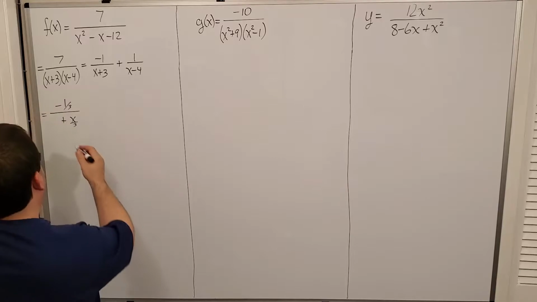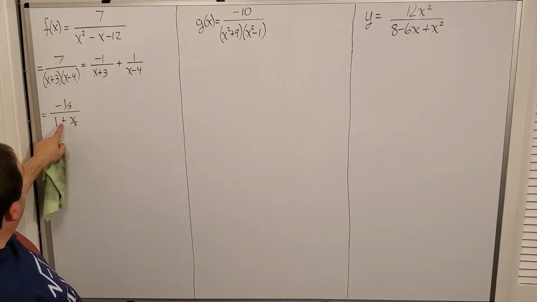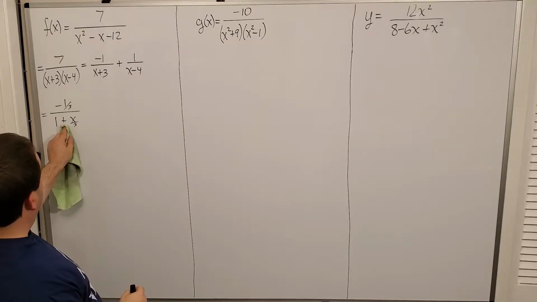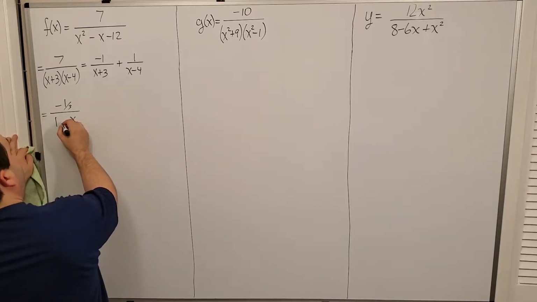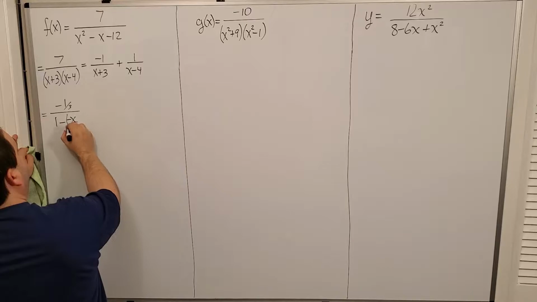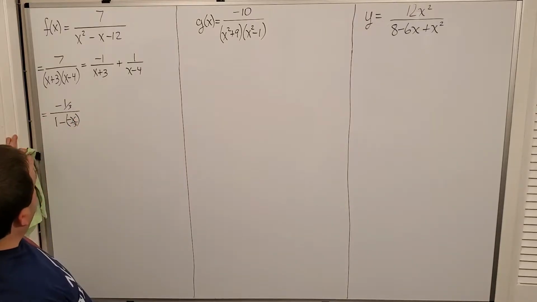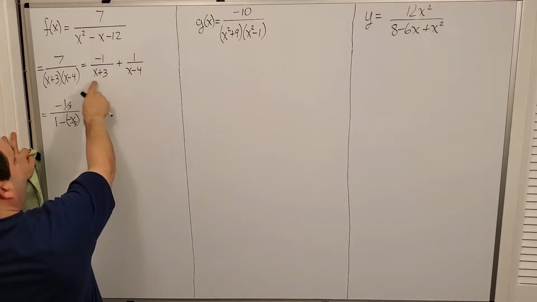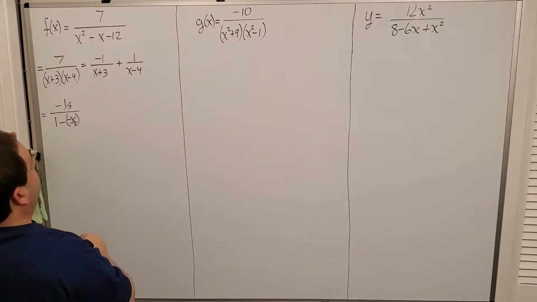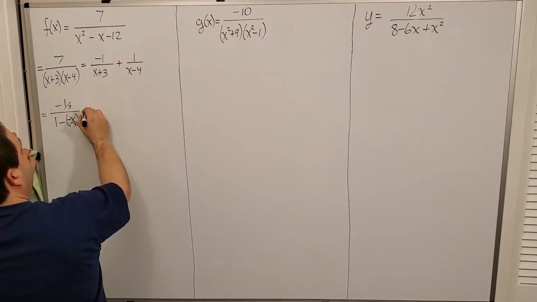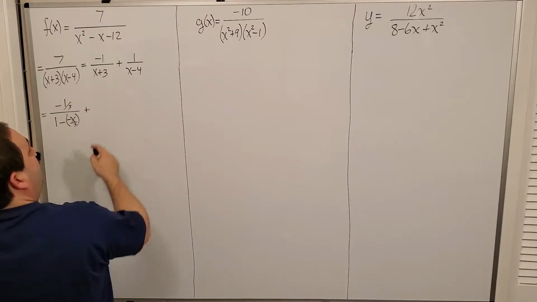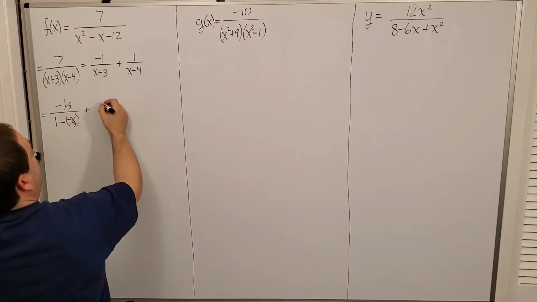Okay? And then, of course, this plus, I'm going to use a double negative by saying minus negative x over 3 like that. So this first fraction I just manipulated by dividing and switching a sign. Plus 1 over x minus 4. I'm going to change the sign on those.